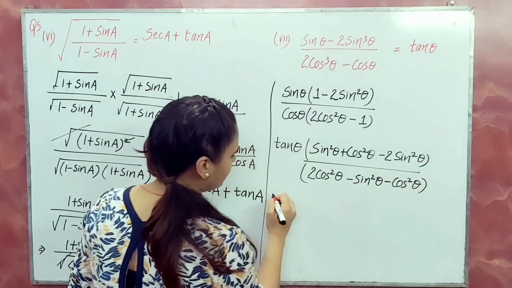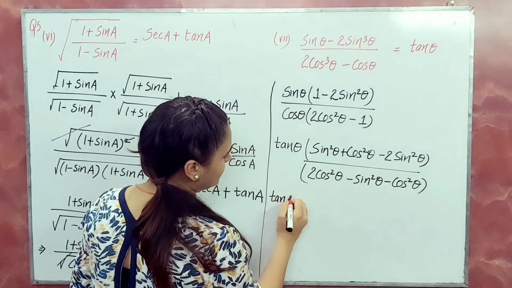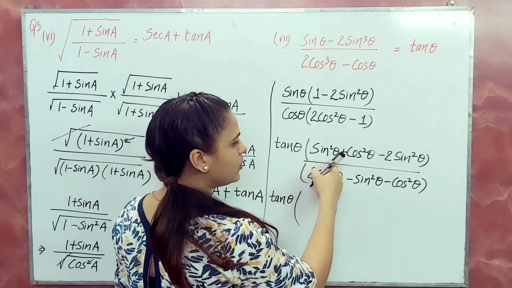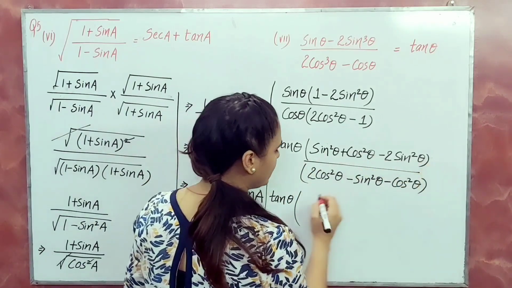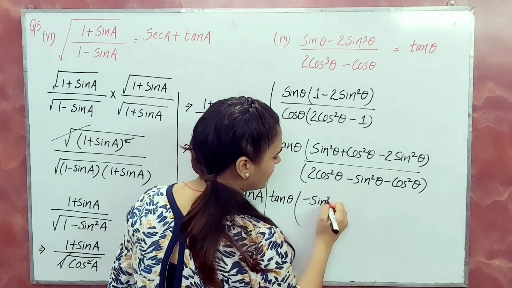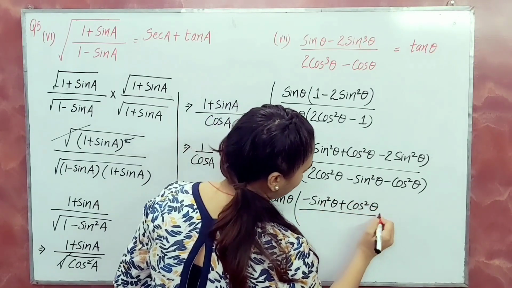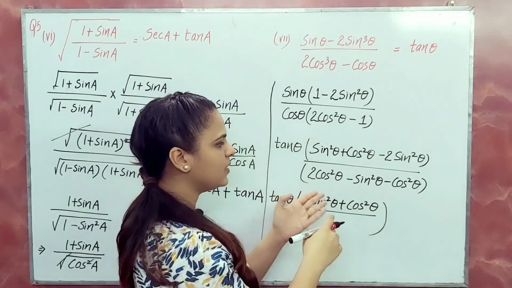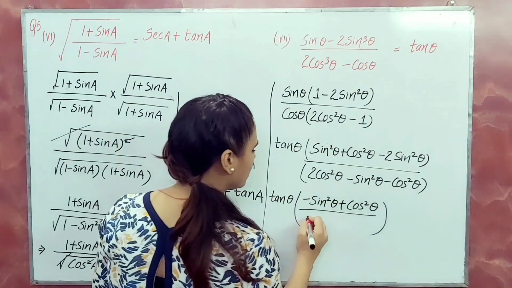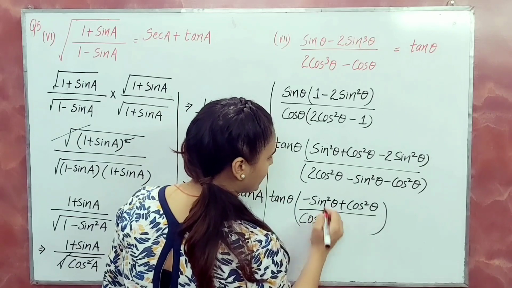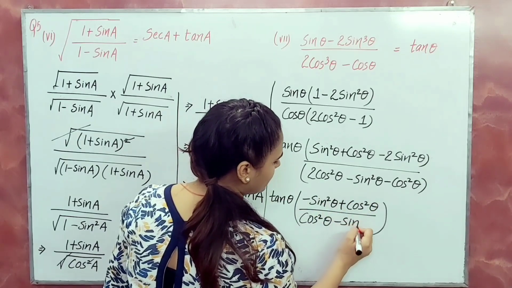So let's simplify this. Tan theta. Sine square theta minus 2 sine square theta is minus sine square theta plus cos square theta. And in the denominator, 2 cos square theta minus cos square theta is cos square theta minus sine square theta.